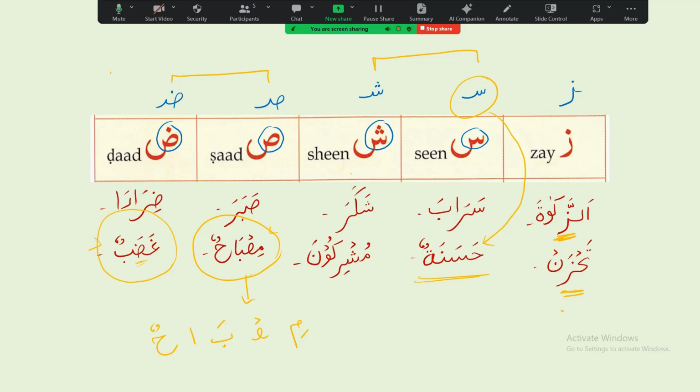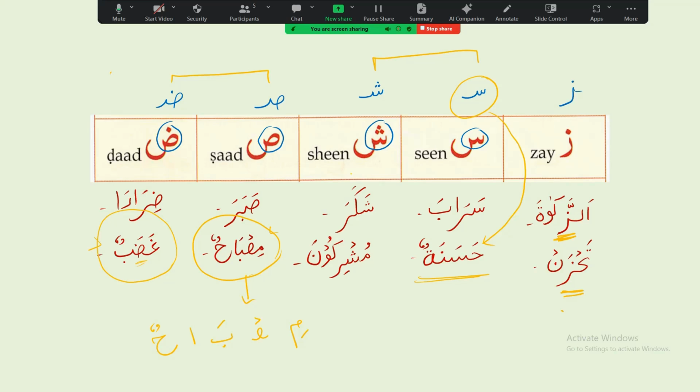Otherwise, you will change the alphabets just because of the differences of the dots. And when you are reciting the Quran, if you have this confusion regarding the dots, the meaning of the words will also change. So in order to read the Quran properly, you should be familiar with not only the names of the alphabets, but their shapes as well, and also their dots.